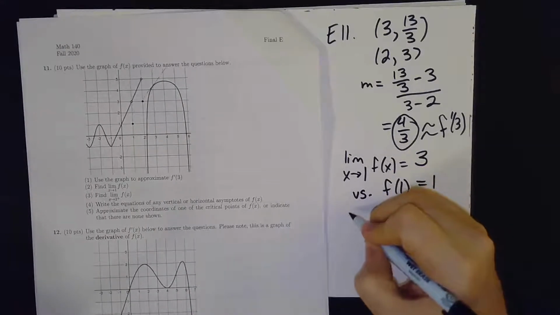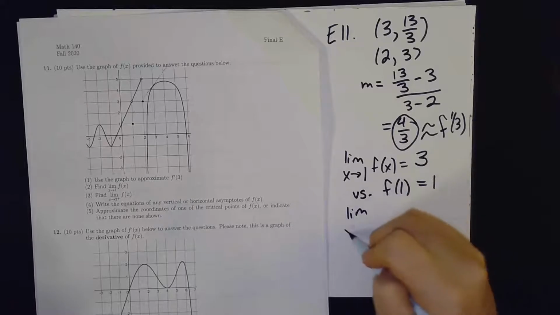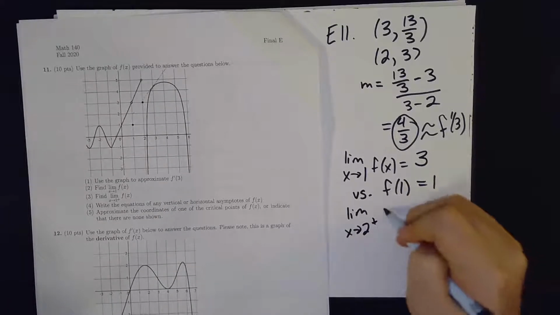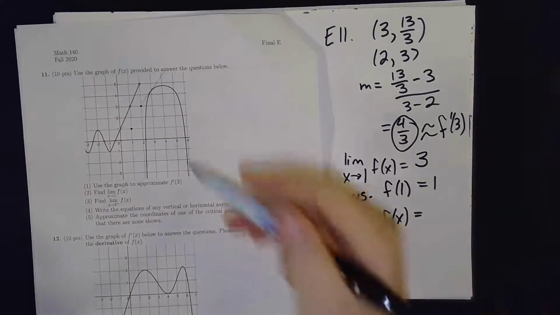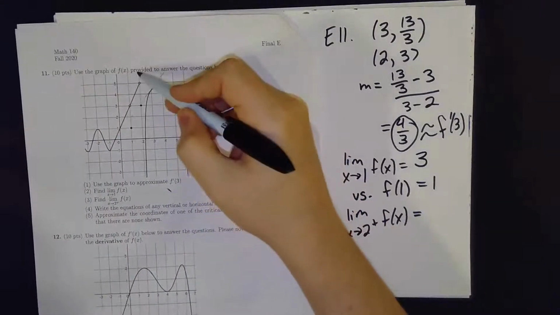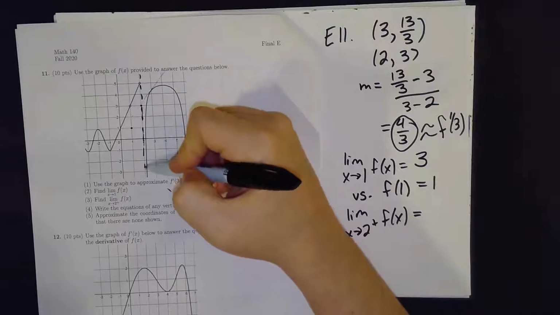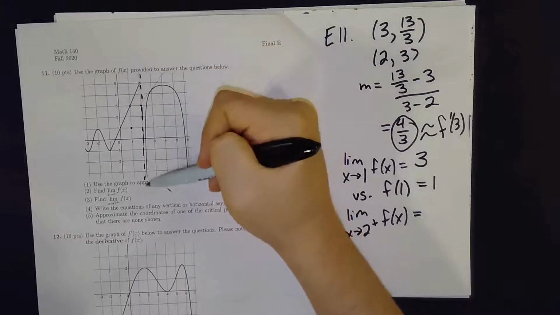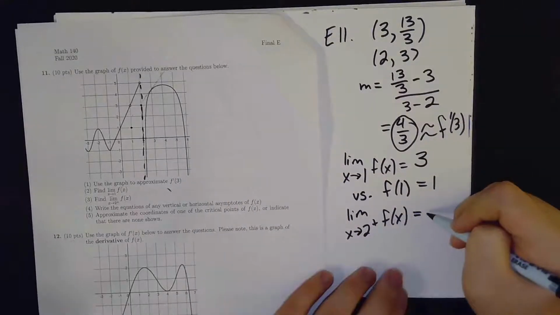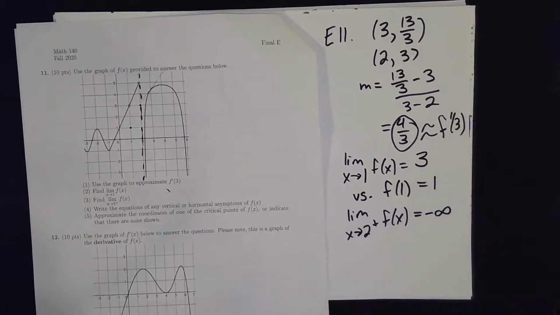The next part asks about the limit as x goes to 2 from the right. Okay. That is x going to an input of 2 from this side, which is going to be going to a y value of minus infinity, because that's a vertical asymptote right there, which is a preview of the next question.